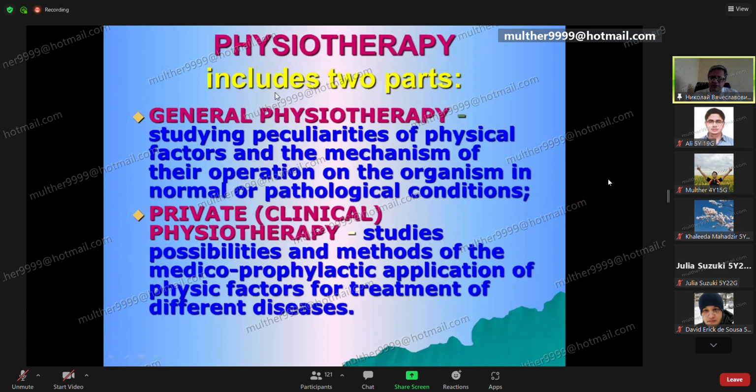We can divide physiotherapy discipline into 2 main parts: general physiotherapy, which studies peculiarities of physical factors and the mechanisms of their operation on our organism separately in normal or in pathological conditions.